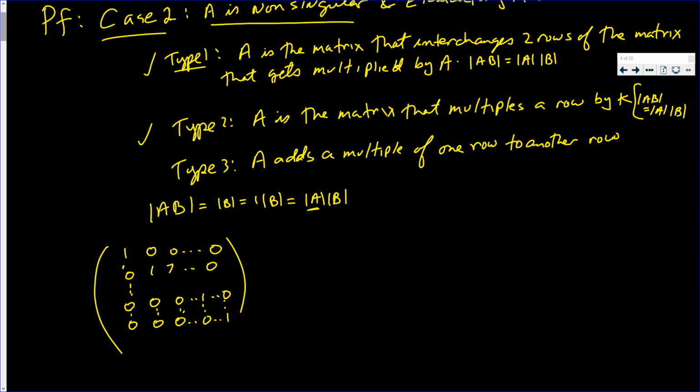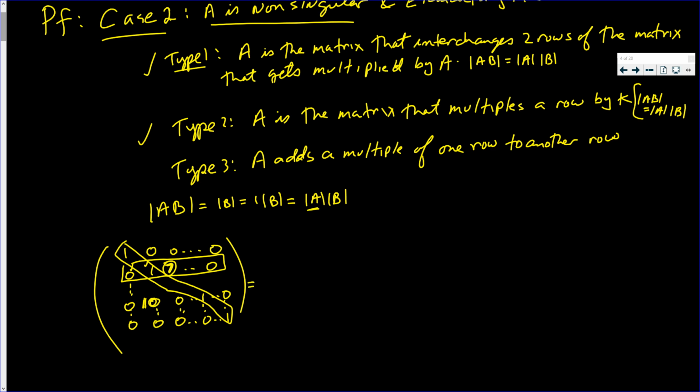What this does is to row 2, it adds 7 times row 3 to row 2. Or maybe that 0 became a 10 down here, but not in both places. So either it's upper triangular or it's lower triangular.